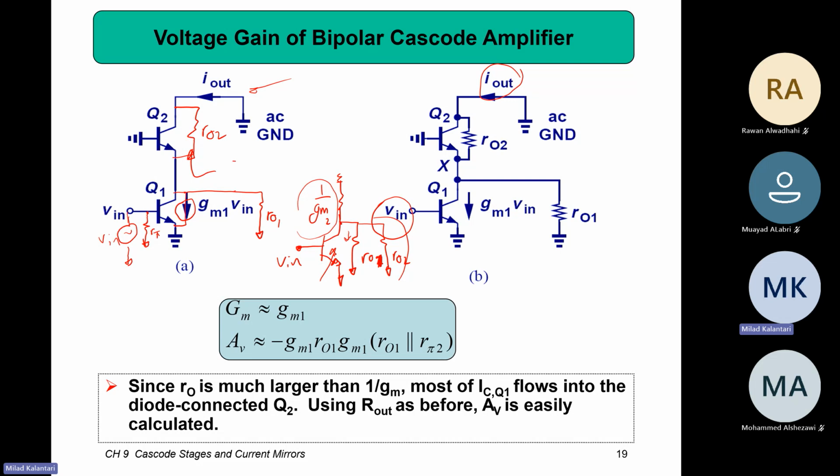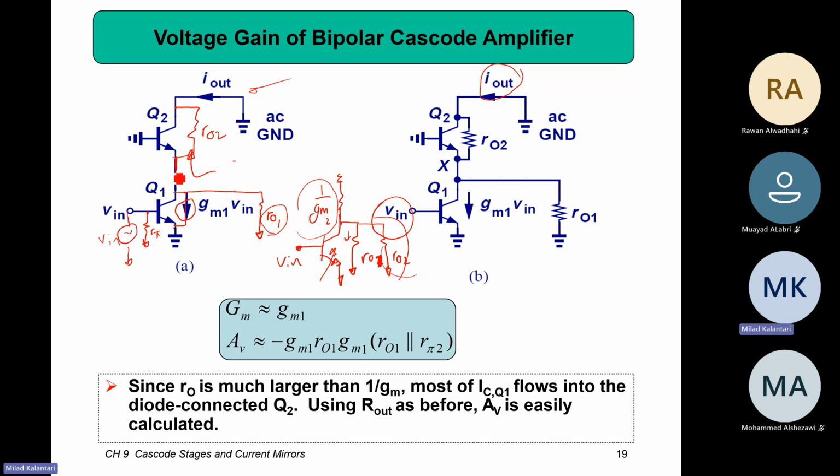So most of the current generated by this bottom device goes to the 1 over GM, and most probably is not going to go through the RO1 or RO2.